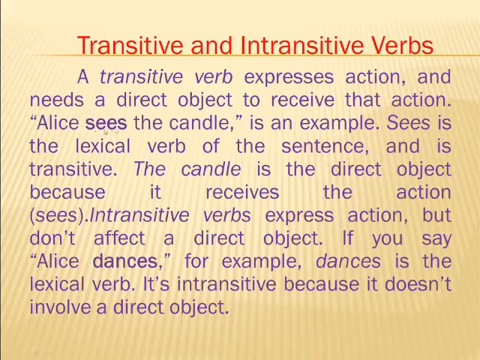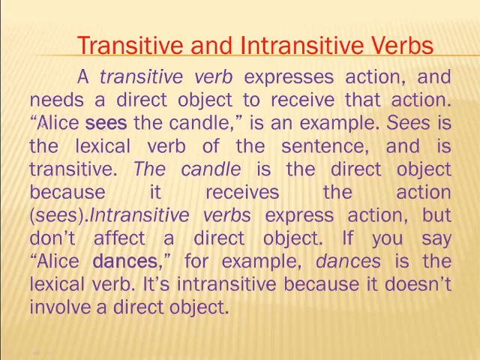What does Alice see? If you ask the question what, you will get the answer: she is seeing a candle. So that is the object. In a transitive verb, you can see an object. That means this action needs a direct object to receive the action.